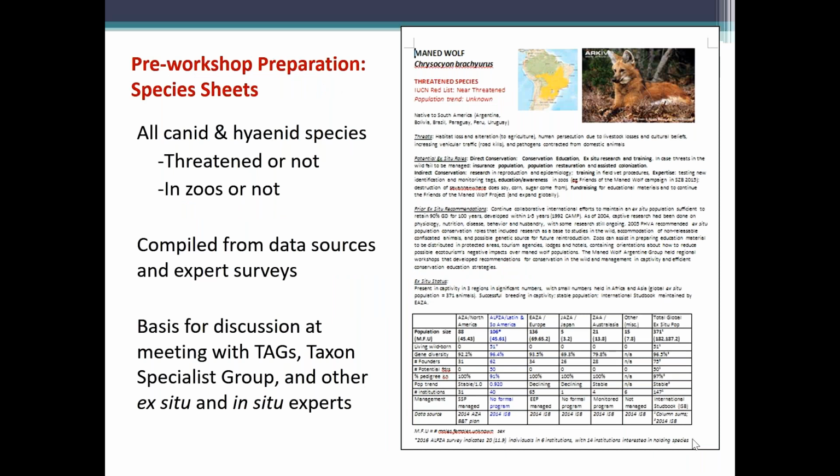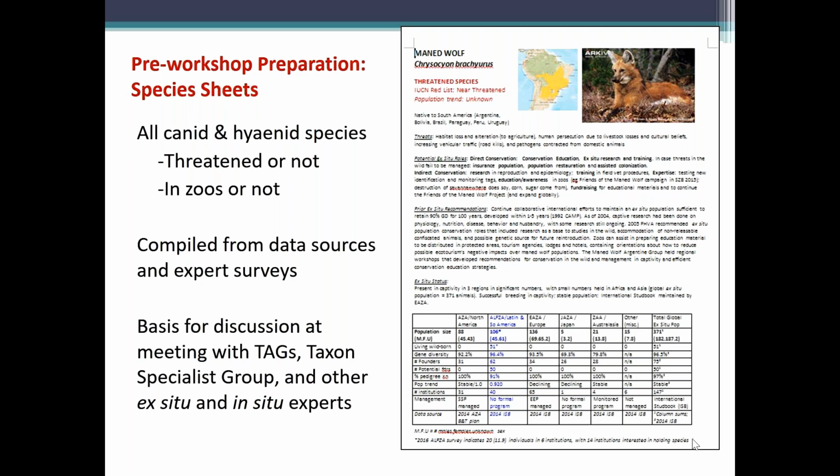We create species sheets that summarize the threats in the wild and the situation both in situ and ex situ. We summarize what prior ex situ recommendations have been, so we understand the current status. And we bring all that information to the discussion beforehand. When possible, it's important to look at all the species in this category.